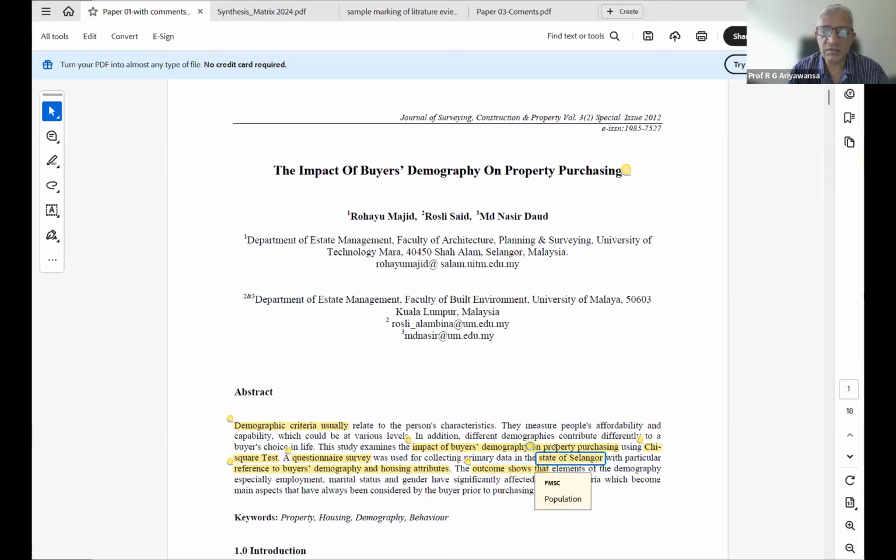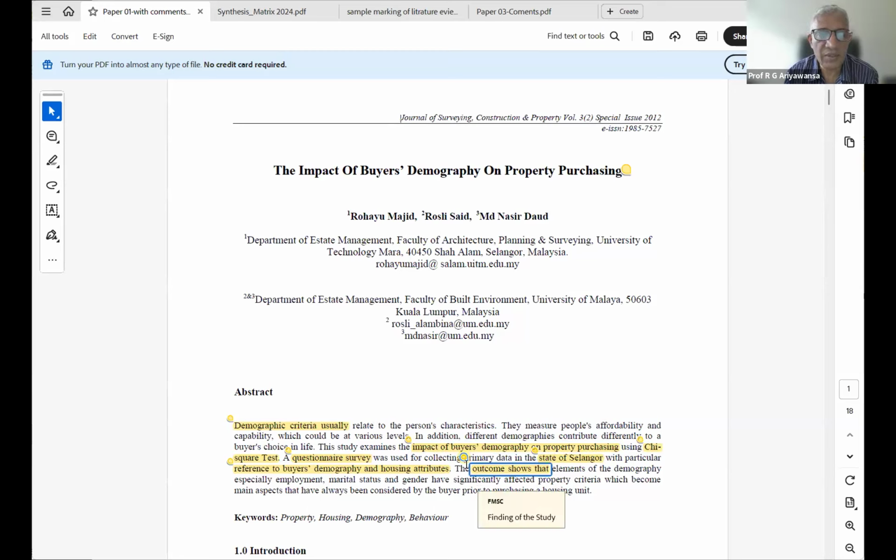The data collection tool is the questionnaire survey. The paragraph provides a lot of information about the research: who has done it, what they have done, how they have done it, and where. You can learn a lot, right?